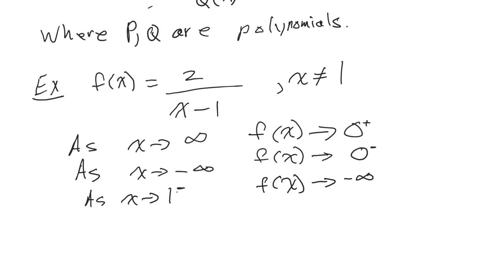So if you punch in that 0.99, the denominator is going to be a negative number, which means you're going to have 2 divided by negative 0.01, which means this blows up to a very big negative number. Now, as x approaches 1 from the positive side, the bigger side of it, we find that f of x goes to positive infinity.